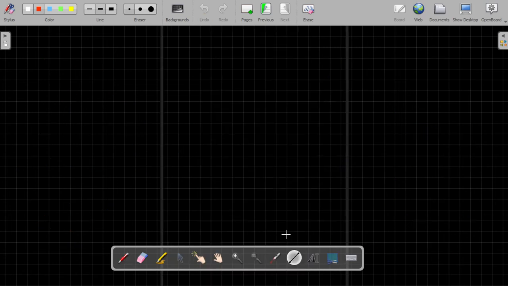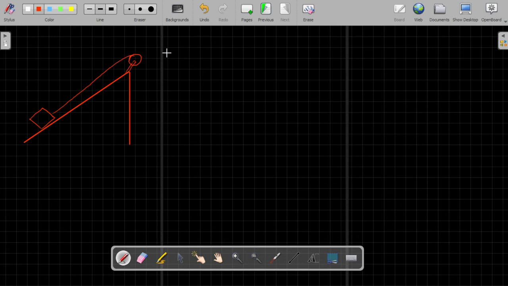So we have an incline, and you have a pulley. There is a block, kept like this, and there is some angle of inclination.